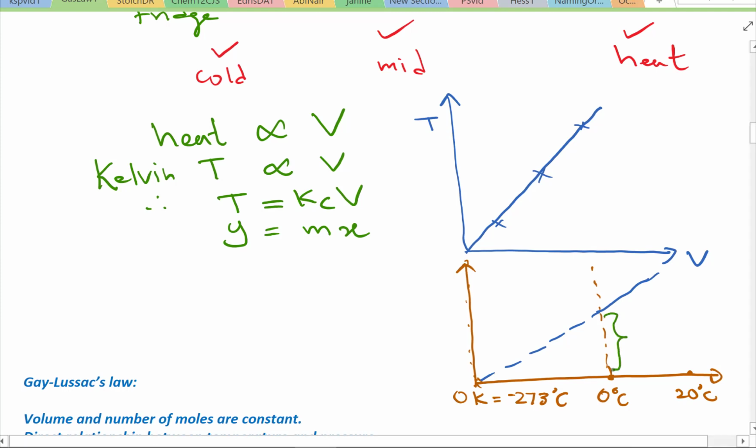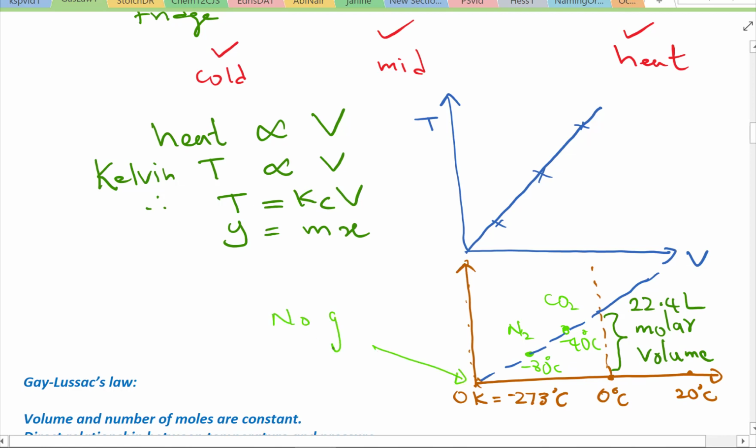Okay, what's the fancy thing about here? This portion is called the molar volume. So at 0 degrees, 22.4 liters for 1 mole of any gas is the molar volume. That's the important thing. There are a few other things. Let's say CO2: you cool it to minus 40 Celsius, it will be solid carbon dioxide.